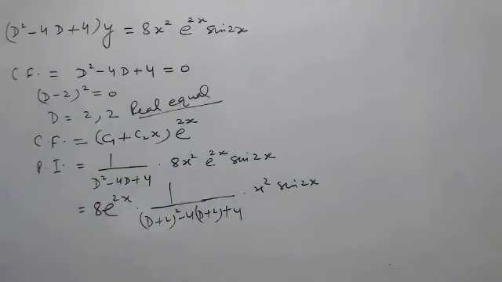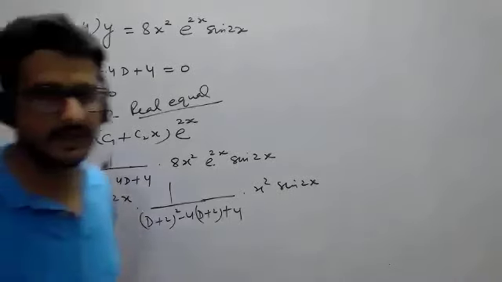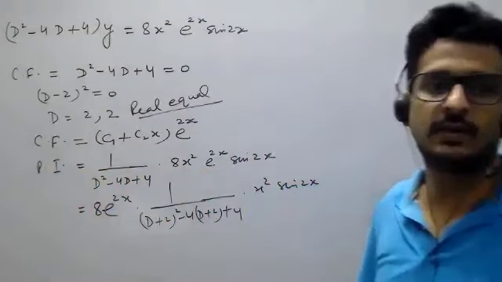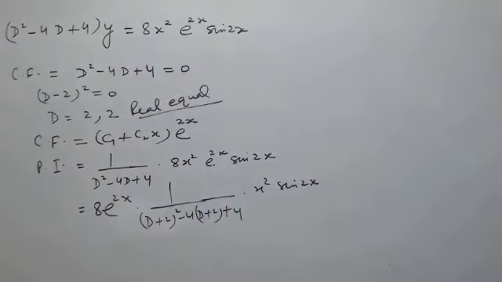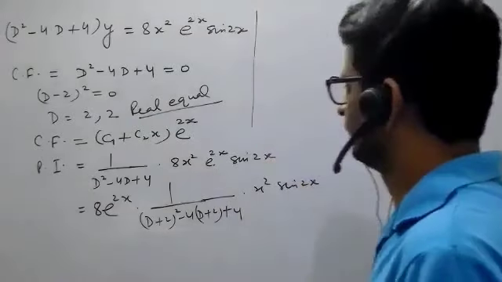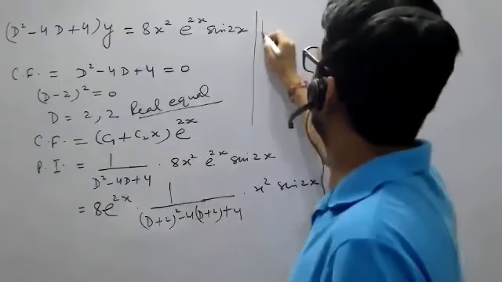Correct? Take an exponential function outside and replace D by D plus a. If you see your list of operations that I have taught you. So what will be the particular integral now?